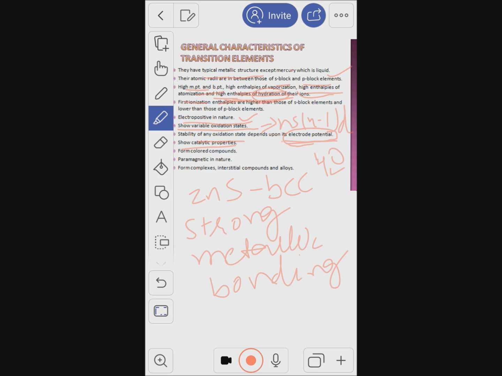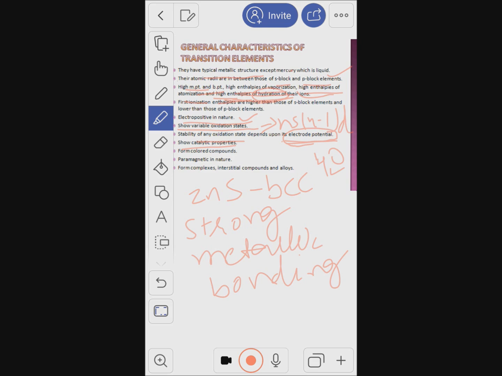Similarly, platinum, iron, nickel, these are used as a catalyst in the organic reactions because they have free valencies on their surfaces and the reactants get adsorbed on their surface, and when they detach from the surface they form products and catalyst is regenerated.